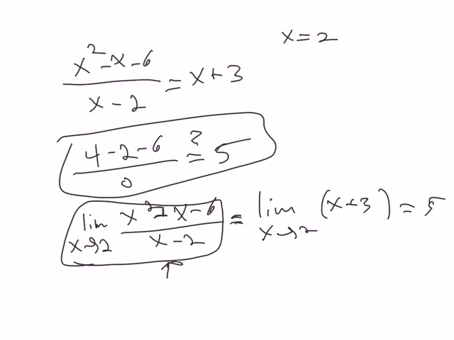In question 11 on page 85, they actually asked this: what is the limit as x goes to 2 of x squared plus x minus 6 over x minus 2?